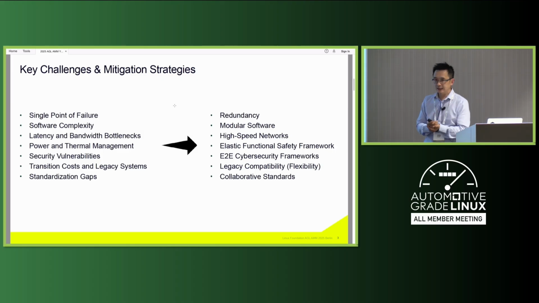Software complexity. As I said, the previous MCU-based discrete ECU components were already complex. We're dealing with over 100 million lines of code per vehicle, typically. But it is safely estimated that by 2030 we will be dealing with 600 million lines of code per vehicle, if not more.